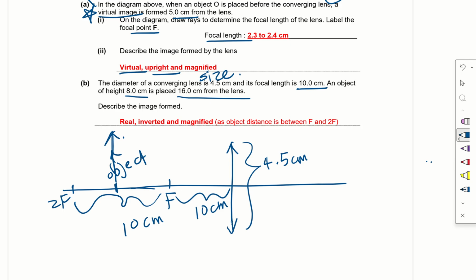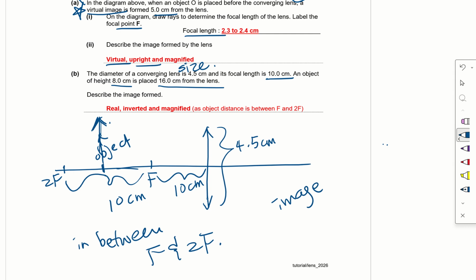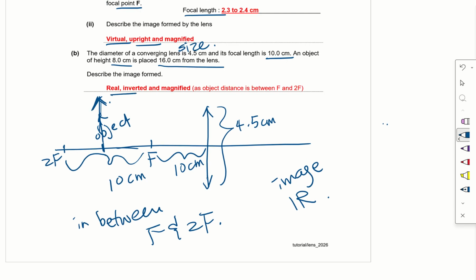So describe the image formed. If you know the 6 cases very well, you know that if the object is in between f and 2f, the image will be on the opposite side. It will be inverted and real. So with this, you can already solve for the first two, which are inverted and real.